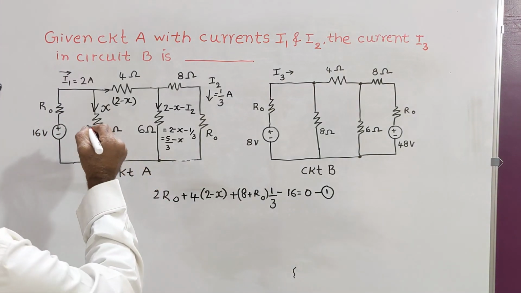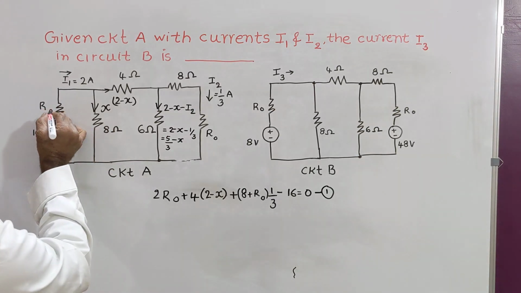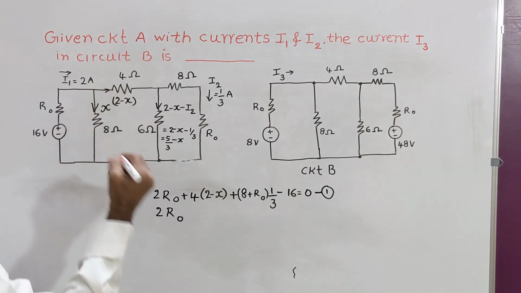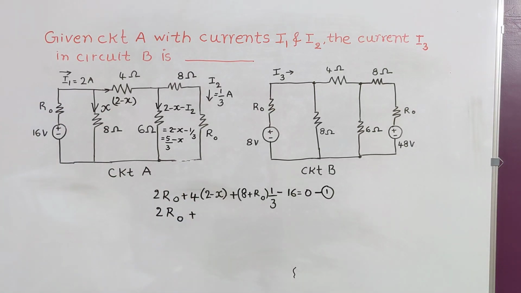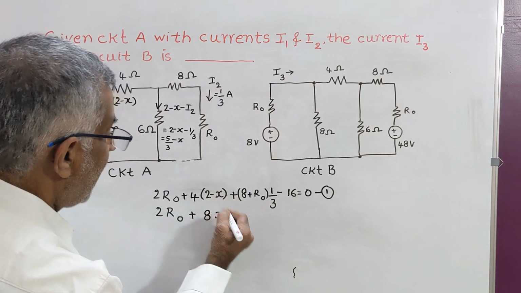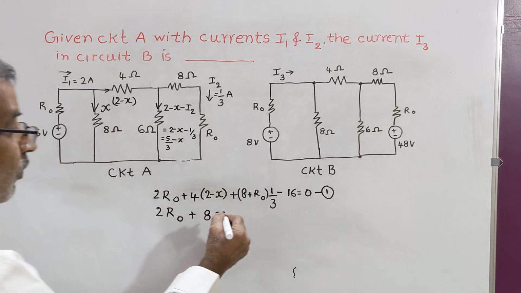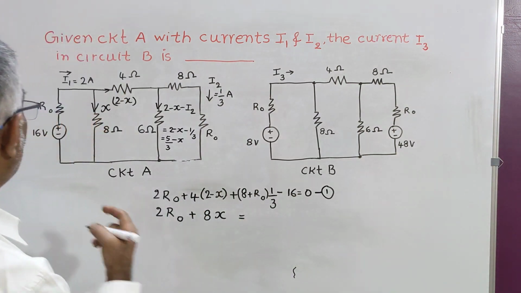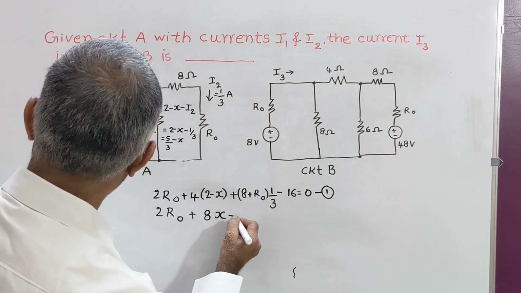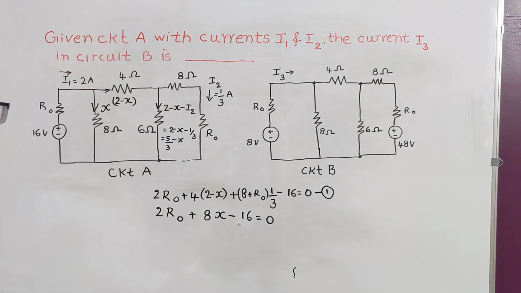The second equation: I will take this part. R0 into 2 plus 8 into X equals 16, or minus 16 equals 0.